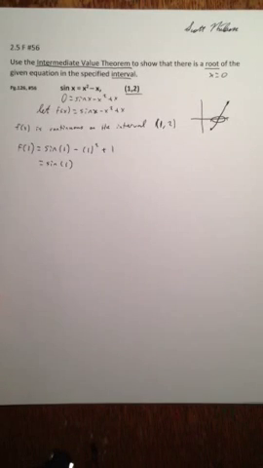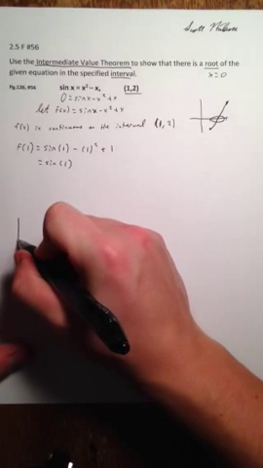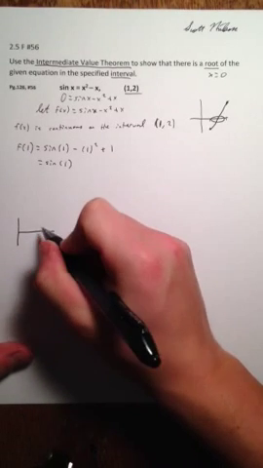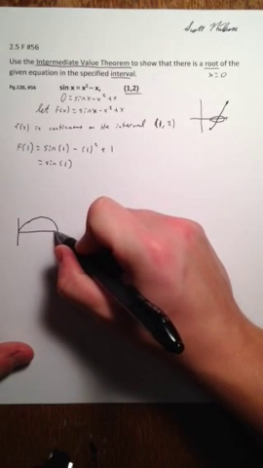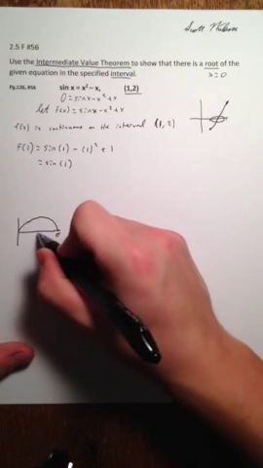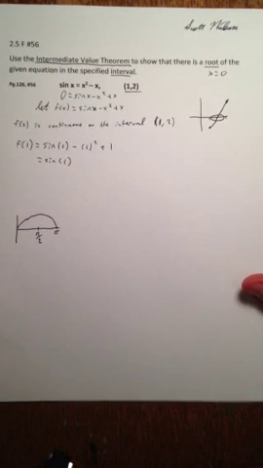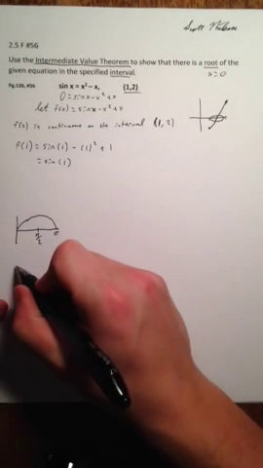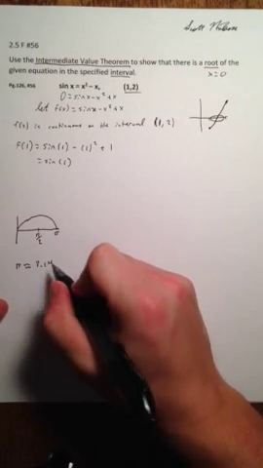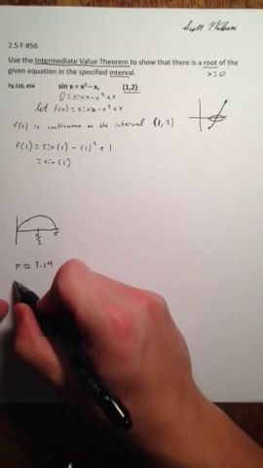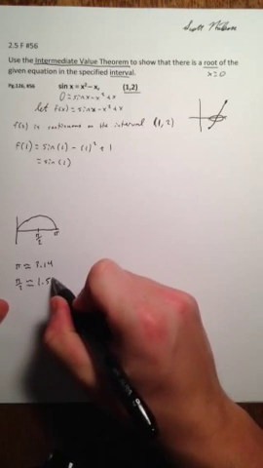I wish we had a calculator here, but we're going to have to do it the old-fashioned way and draw a nice sine graph, just up to pi. We know that pi equals roughly 3.14, therefore pi over 2 equals roughly 1.57.